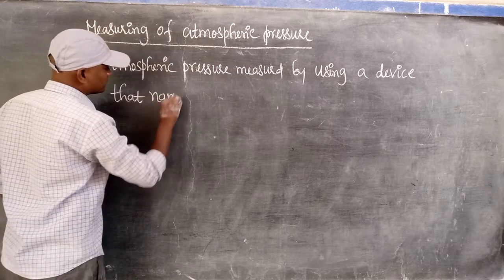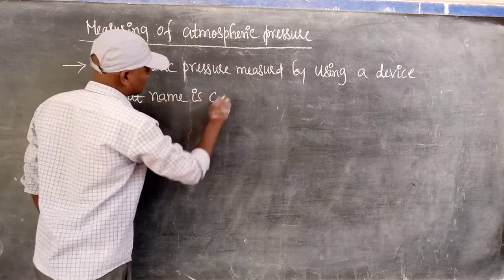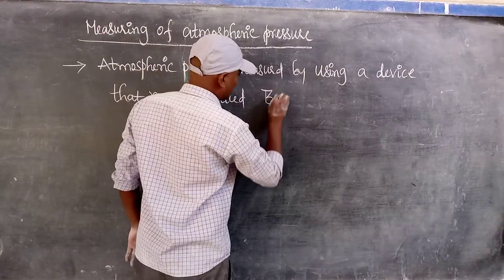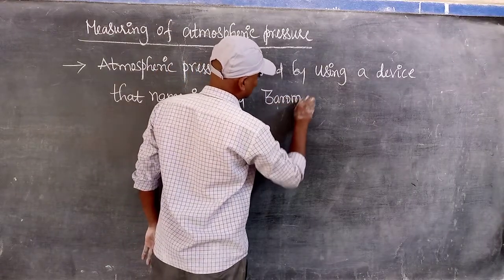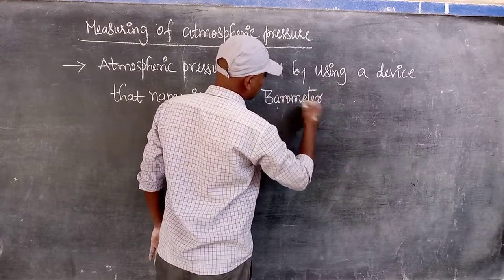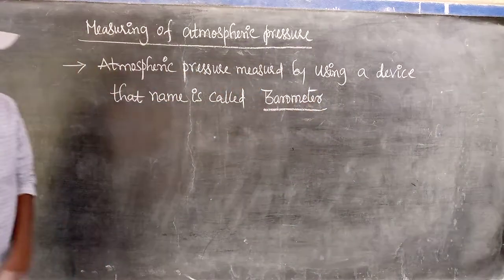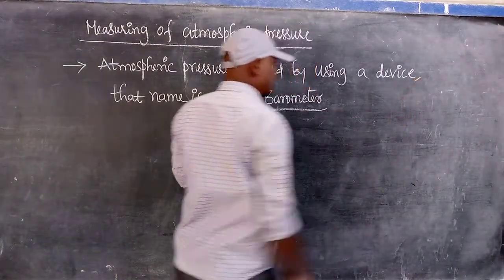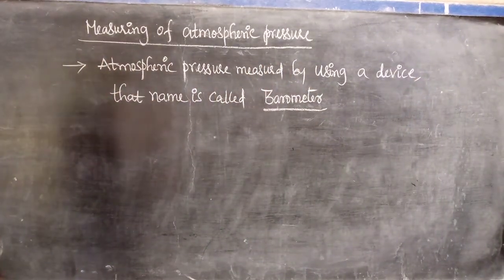The device is called a barometer. So atmospheric pressure is measured by using a device, and the device name is called barometer.